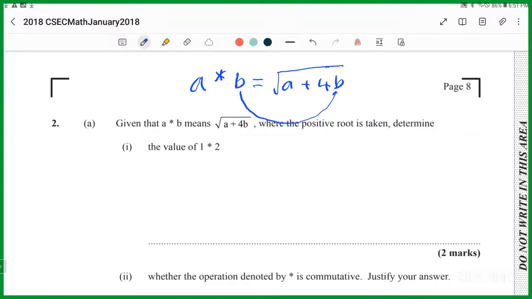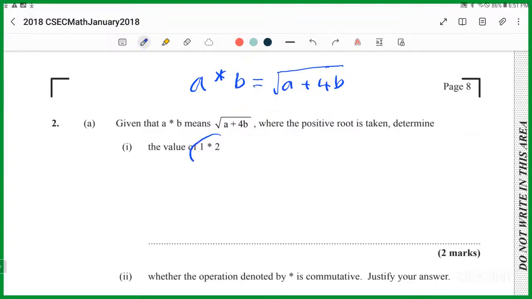Alright, simple as that. So in this example, where they're asking us for 1 star 2, all it means is that the a in this case is equal to 1 and the b is equal to 2. So basically I'm going to set this up just as it is set up here.